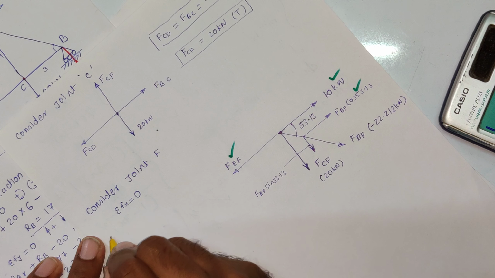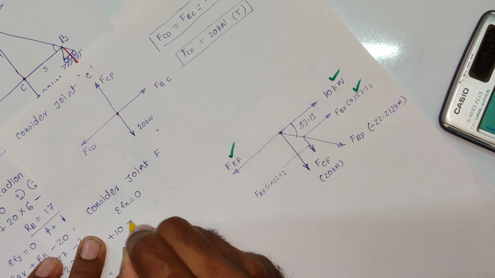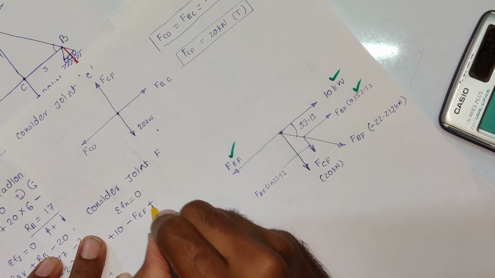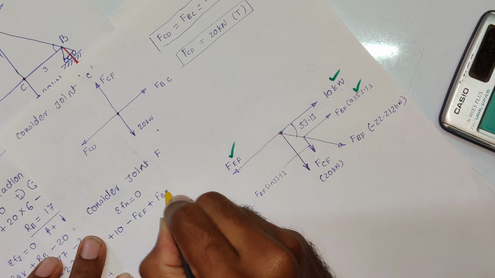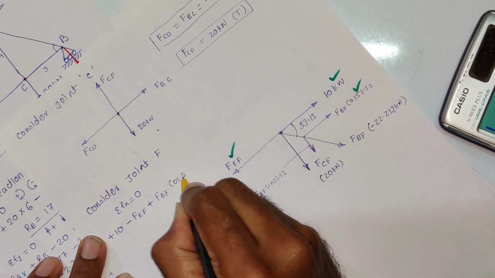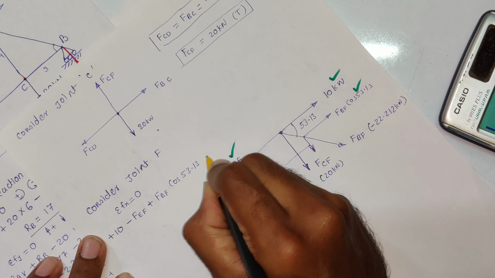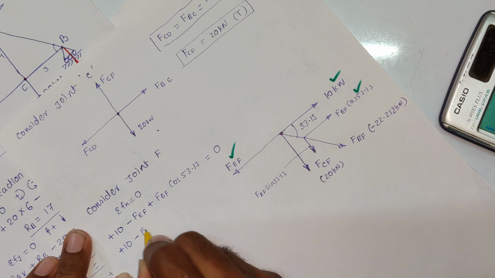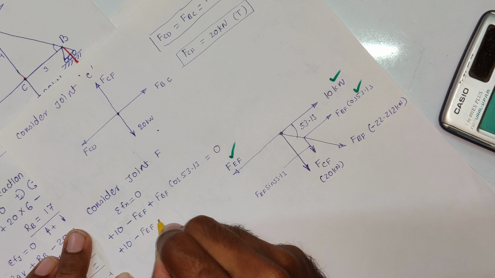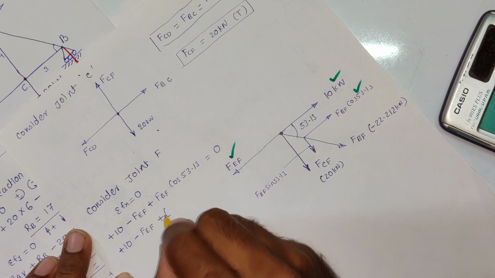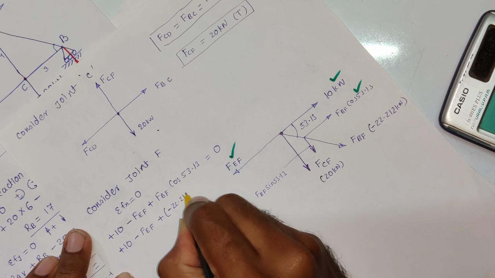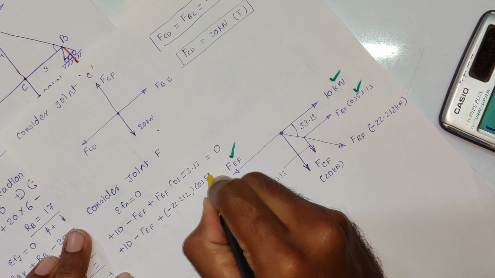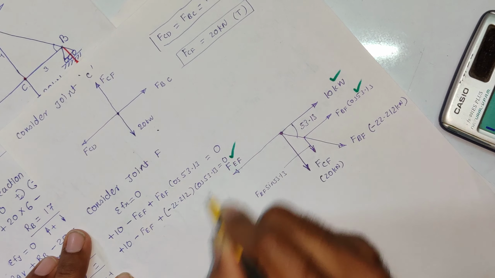So plus 10 minus FEF plus FBF cos 53.13 is equal to 0. Plus 10 minus FEF plus, in bracket, minus 22.212 cos 53.13 is equal to 0.